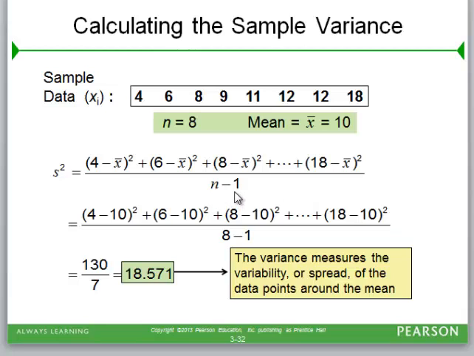Then divided by n minus 1. Continue, then we finish it. We get 18.571. That means the variance measures the variability or spread of the data points around the mean.